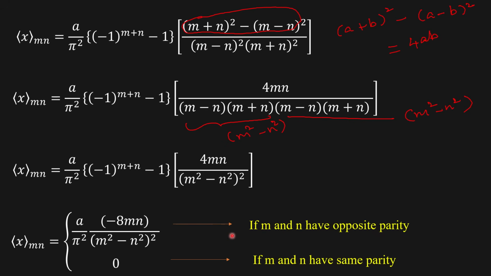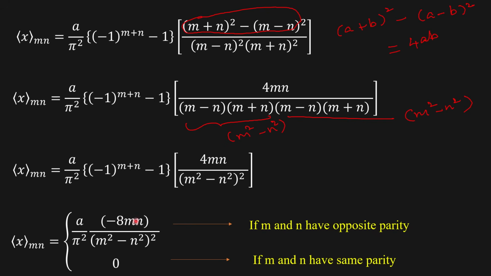If m and n have opposite parity, that is, one is odd and one is even, then the summation is odd. So when it is odd, you will get minus 1, minus 1, which will become minus 2. Then this 4 will become 8.